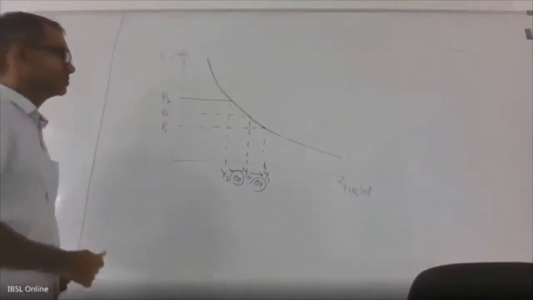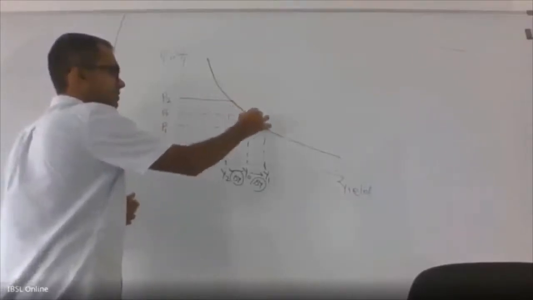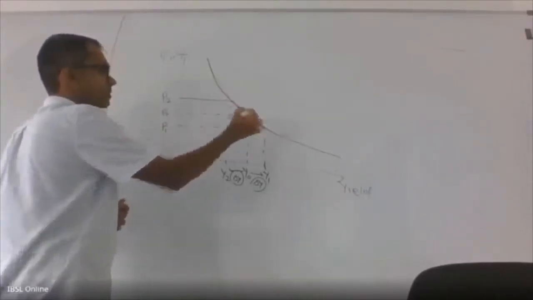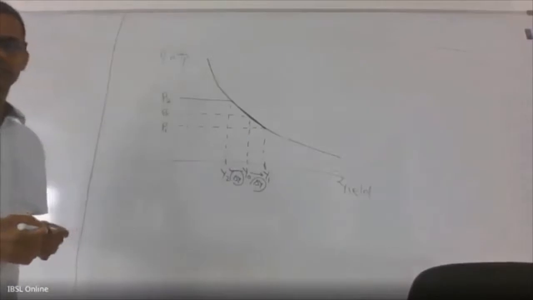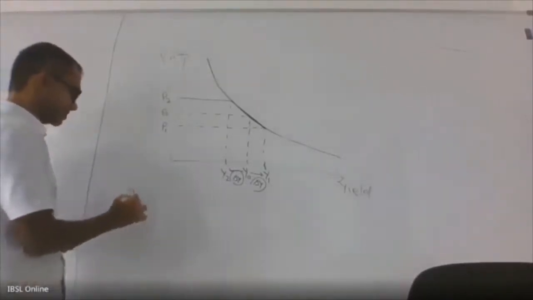Now we assume this part is a straight line. Then what is the slope of that curve? How do we find the slope?